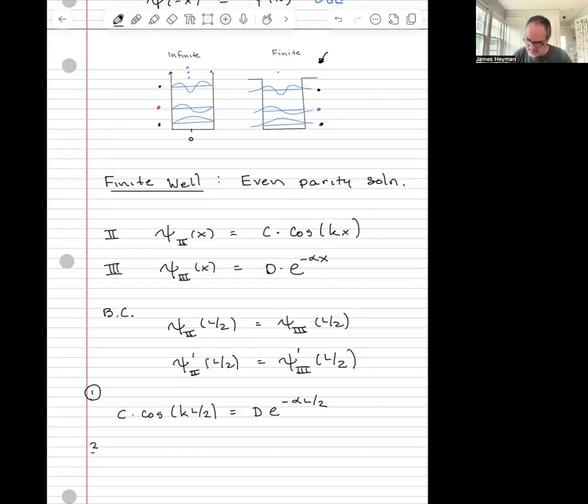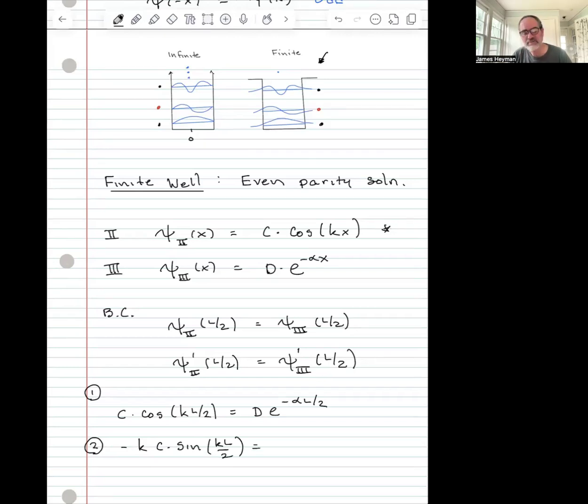The second condition tells me that the first derivatives are equal. So now we have to consider the first derivative of this function with respect to x. The derivative of cosine is minus sine, so we would have minus k times C times sine of kL/2.